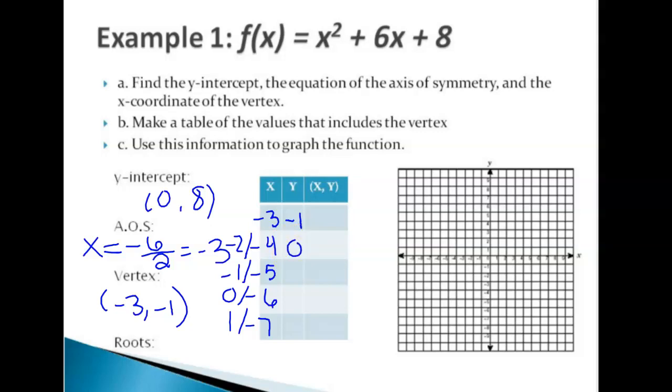Instead of 4, it's 3. And instead of 9, it's 8. And then technically the next point is 16. You don't have to go that far in your table. So those all act as your points: negative 3, negative 1, negative 4, 0, negative 2, 0, and 3, 8.